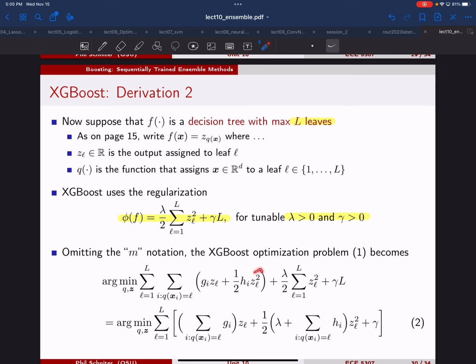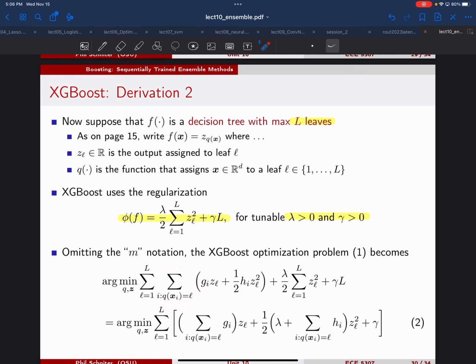Then we have two different terms with ZL squares. So I'm collecting both of those here. So the first one, we have a sum over L times lambda. And then the second one, we have a sum over L times essentially 1/2 HI. Oh, and we have the sum over I. So that's this part.